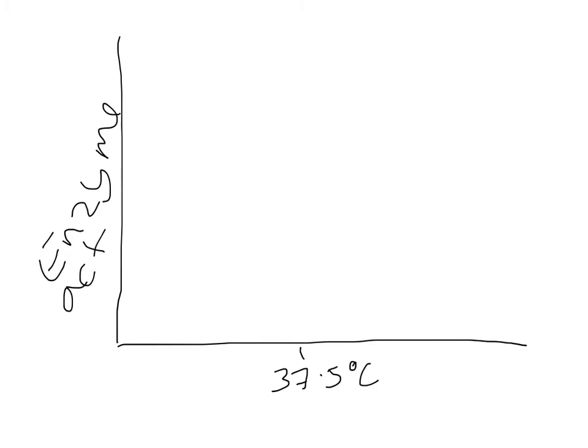then what we would notice is that the activity would increase as it got warmer. It would peak at 37.5 and then it would decrease like that. So the optimum temperature for human enzymes to work at is 37.5 degrees.